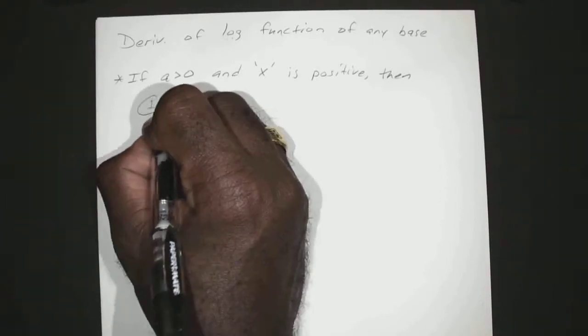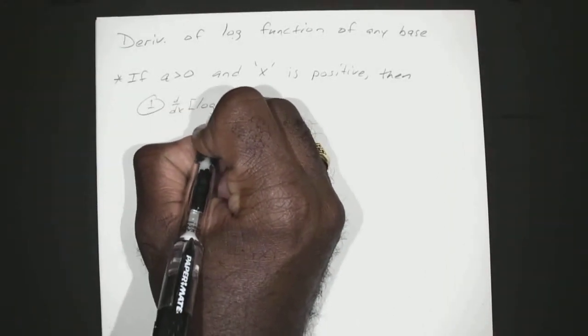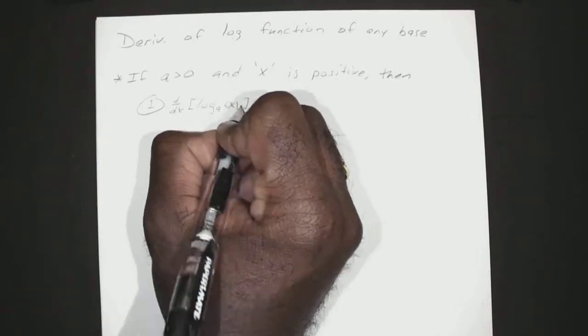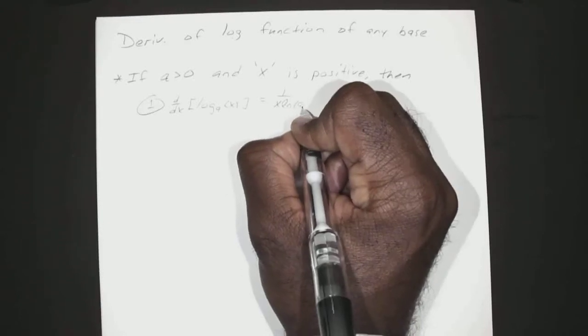Then, for 1, the derivative of log base a of x is equal to 1 over x times natural log of a.